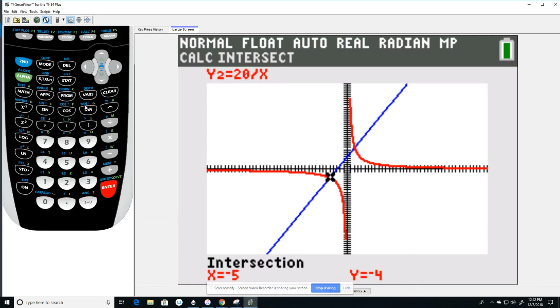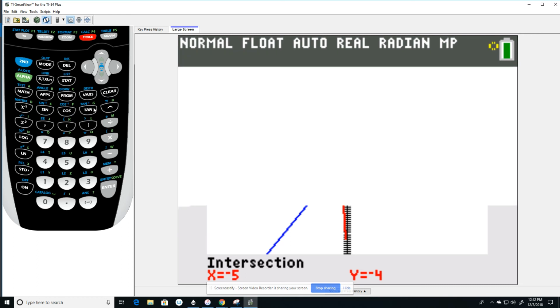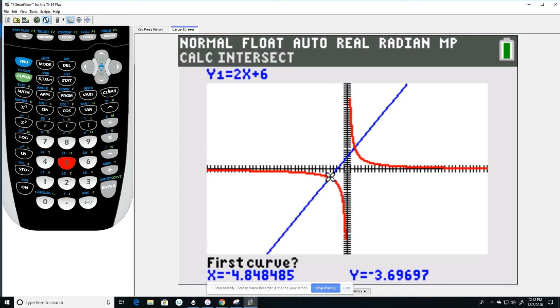My other solution, I'm going to second trace, calculate the intersection. I want Y1. And again, I want my Y2 graph, but I'm going to just make sure I select on this side. So Y2. And then when I guess, I'm going to guess near this intersection because that's the one that I'm looking for.